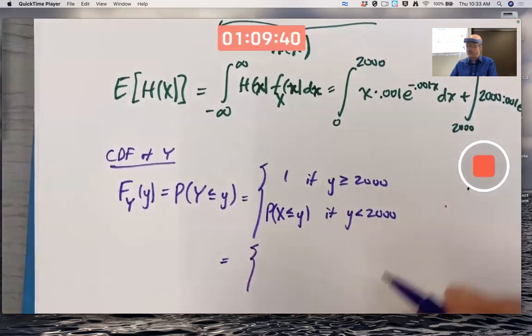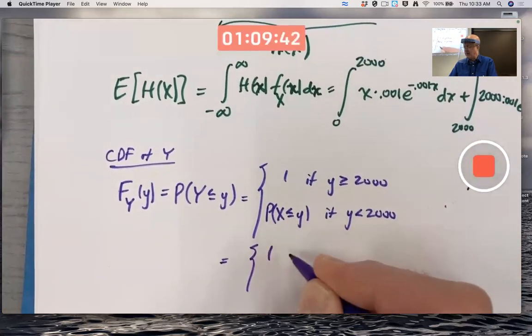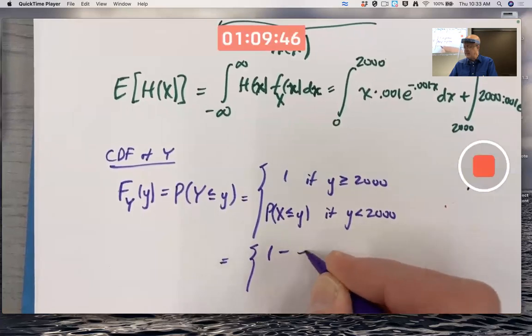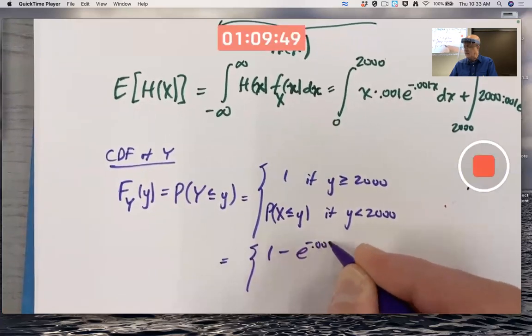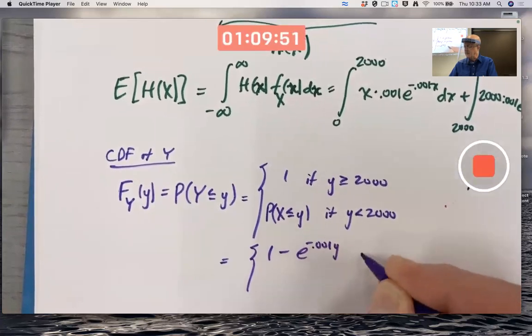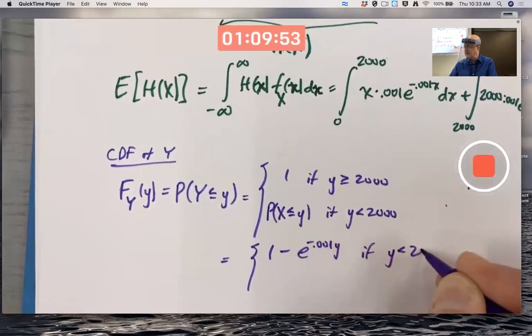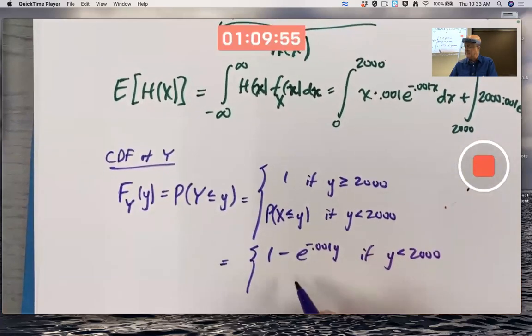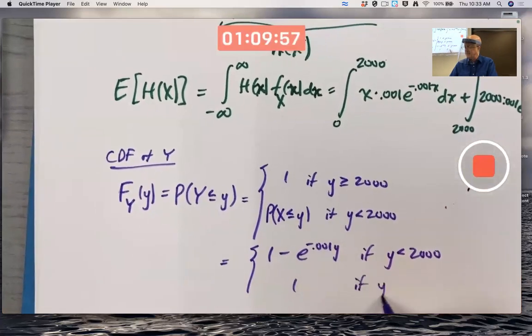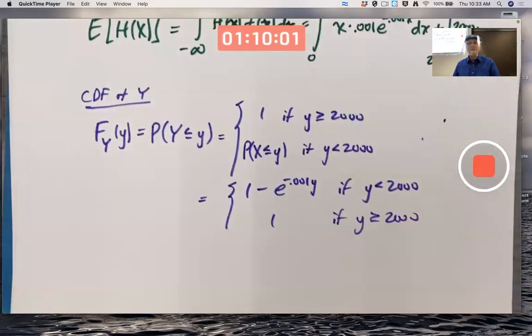And let me reorder these. And that'll be 1 minus e to the negative 0.001 times little y. It's a piecewise function.